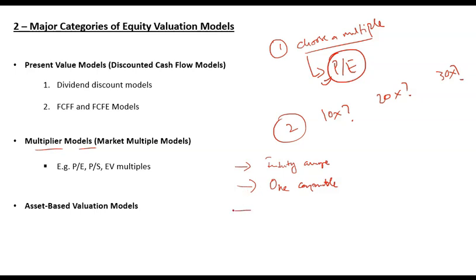Another would be that I will use regional peers to value it, or I will use global peers to value it. Another method could be you say that I do not care about the industry, this company should give the same return as the market, so it moves with the market, so I will use the broader market's multiple.